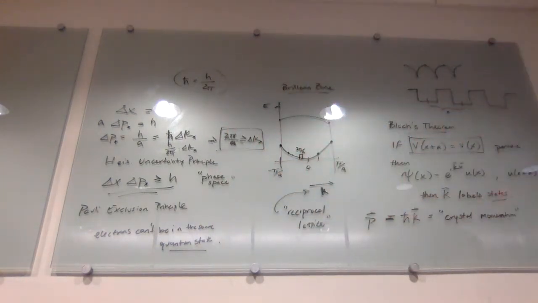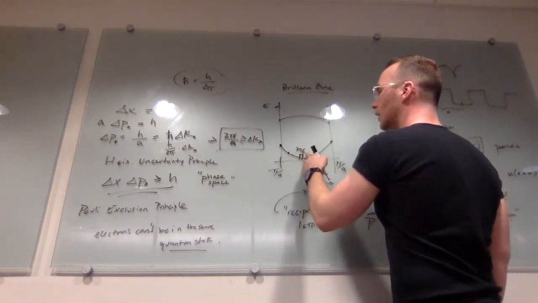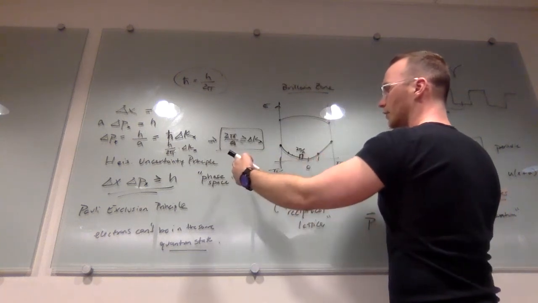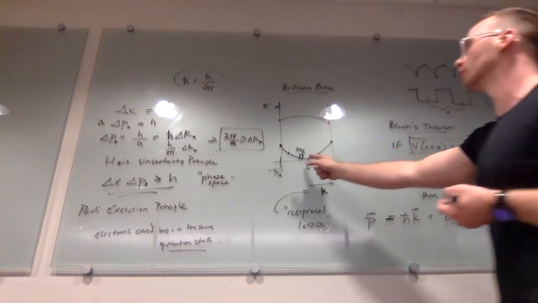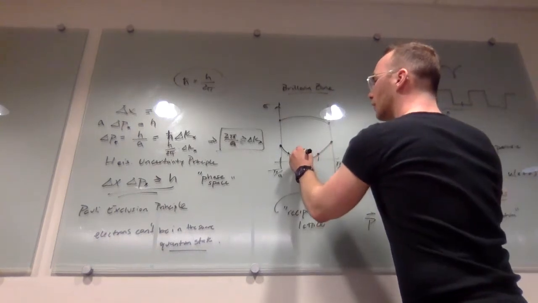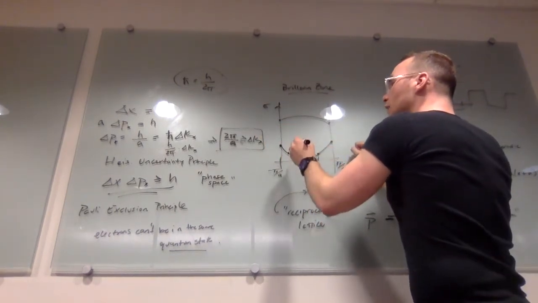I think it should be 2 pi over a. Maybe they're setting a to be 1 somehow. Anyway, this should be what you get, because obviously it wouldn't make sense for this to be 2 pi, because that's the whole thing. So in this case, this is the volume, the limit on how closely packed we can get our k's.